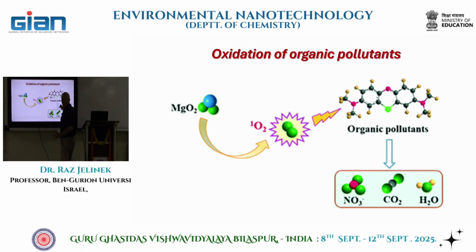So you see, you take this pollutant, very bad, and you break it through oxidation to these small molecules that are okay. Sometimes they're even attractive molecules, like NO3 minus. Nitrate is a very important molecule for enrichment of the soil. So what I want to tell you here is that oxidation is a very important chemical process for breaking toxic organic molecules in the water.